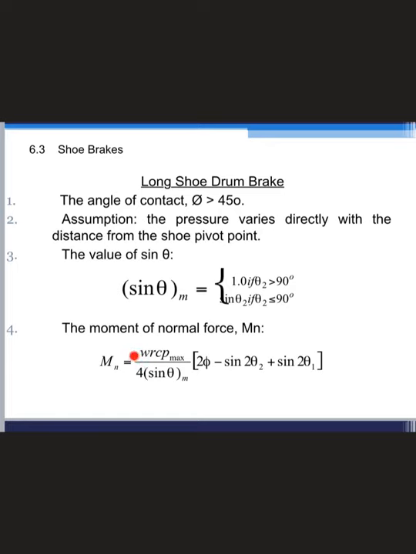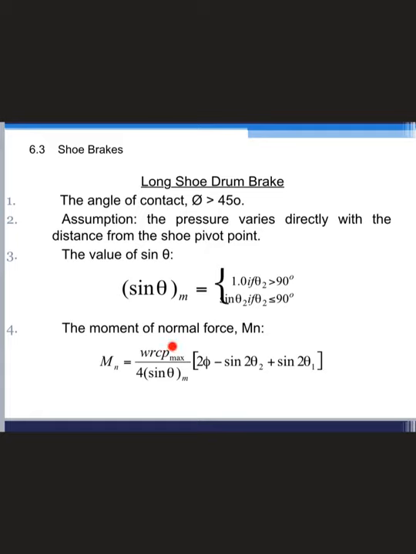W is the width of the long shoe, R is the radius of the drum, and C is the distance between the fulcrum point of the long shoe drum brake to the center of the drum.